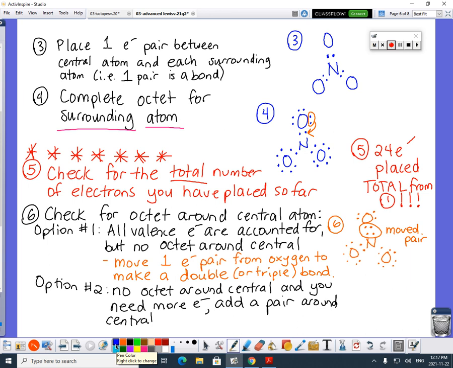Okay, option 2 does not apply to this, but it's actually a little bit easier. So I'm just going to sketch a random one. So let's say you got here, which I realize I'm trying to keep as simple as possible.